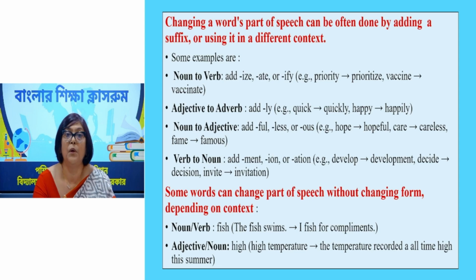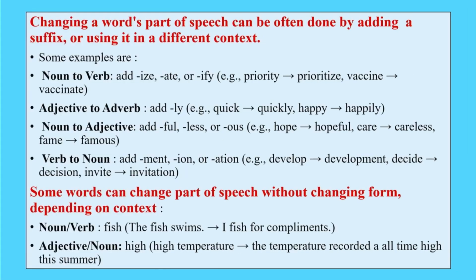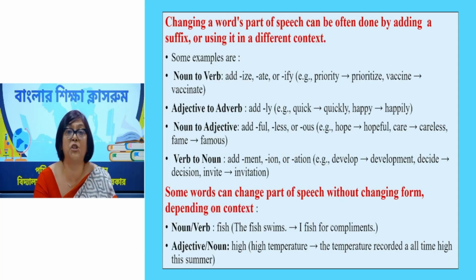So from noun to verb, when we change, let us consider the word fish. Everybody of us knows what a fish is, and we know that a fish lives in water, so the fish swims. Here fish is a noun. There is also another fish. There are some people who like to tell about themselves, I have done this, I have done that, so people appreciate them.